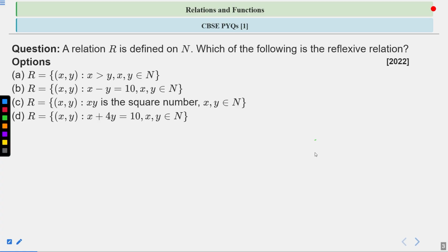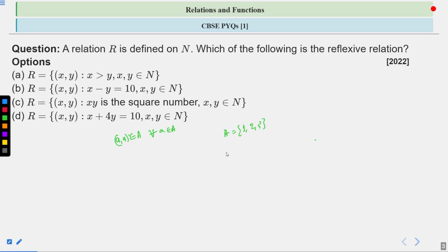So what is the condition for a relation to become reflexive? We know that the condition for a relation to become reflexive is that (a, a) should belong to R for all a belonging to A. Suppose you have a set A having elements 1, 2, 3.